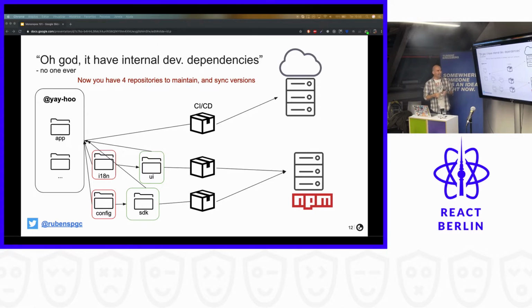Well, kind of. Now you have 4 repositories where you need to sync all the dependencies. You need to maintain them, maintain all the different CIs, etc. And this is going to be a big headache.